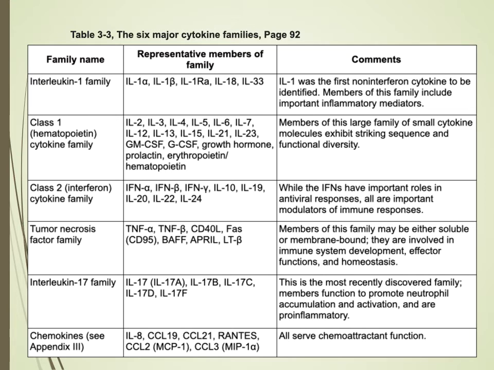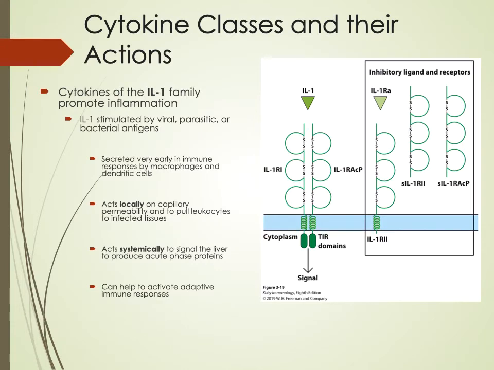Okay, so this table is just included to give you an overview of the different families. And again, we're going to look at some of these families more closely, but this is just meant to introduce you to cytokines and what their role is, and inflammation is the word. So keep that in mind.